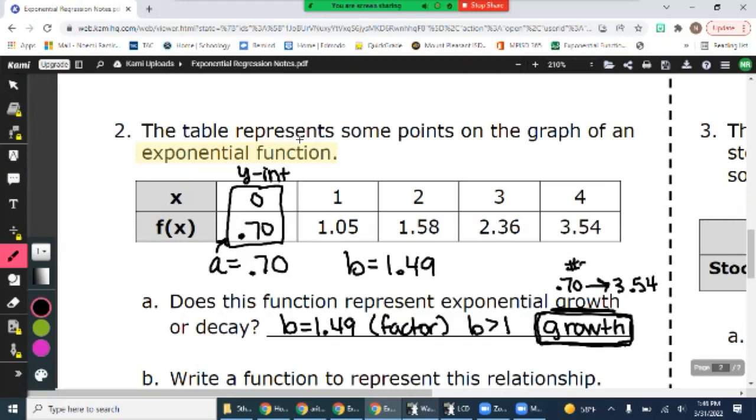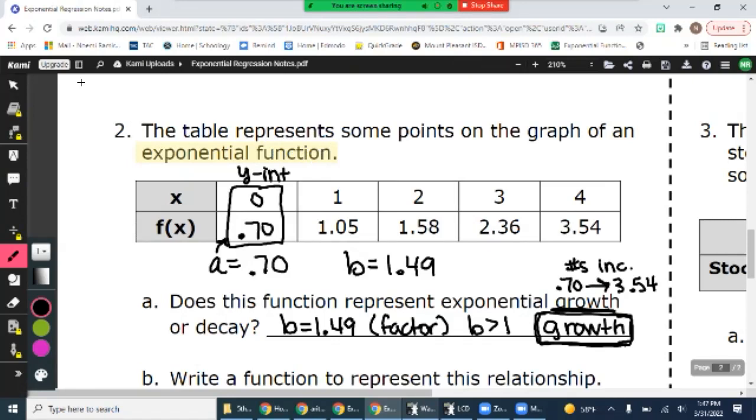My numbers are increasing, so that also represents growth. That is what we did on Monday.